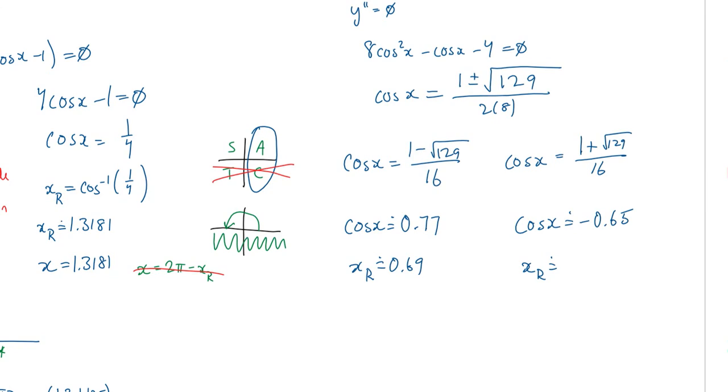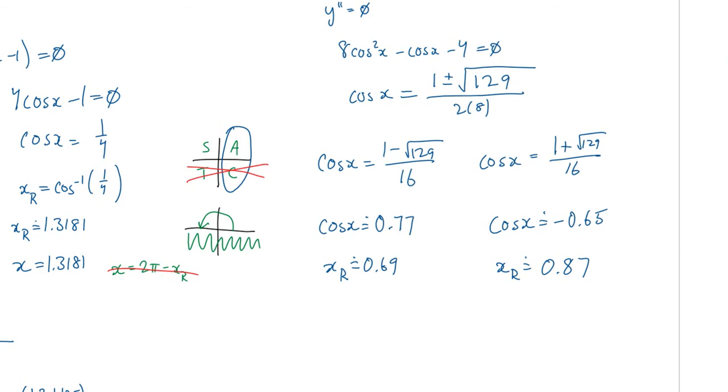And x related is 0.87. Again, this is 0 to pi, and so CAST, but I'm not using the bottom two because it's only 0 to pi.